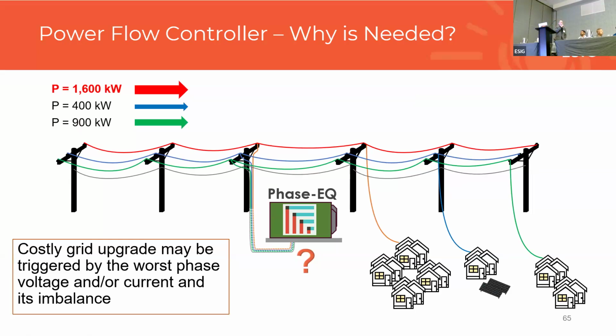Perfect. So when we're thinking about grid flow controllers, for this discussion anyway, we'll be thinking about power exchange from phase to phase. And why is that needed? The previous discussion looked a lot at how to increase hosting capacity through control of the DER or load itself, so how to manage that operation to get more of those things online.